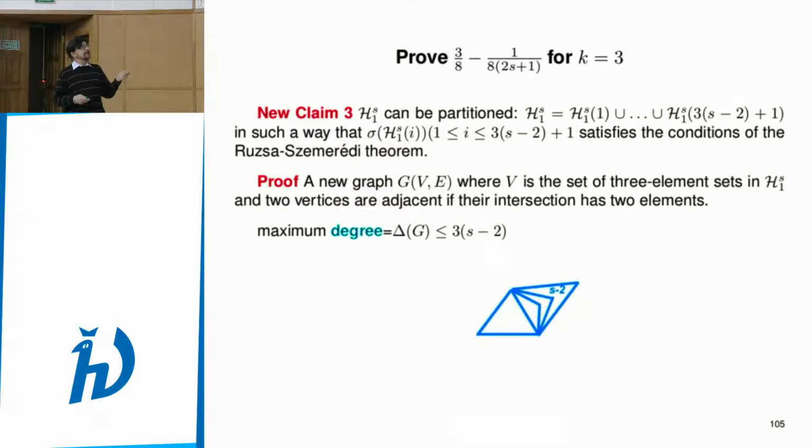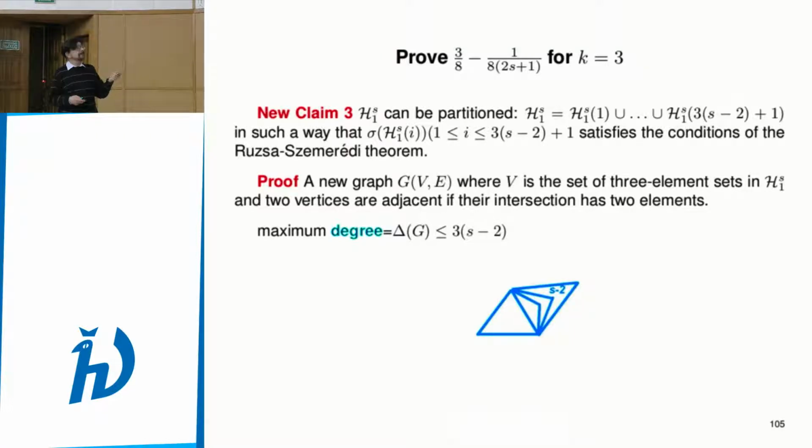Okay, so in this family we suppose that no edge is used s minus 1 times, so if we have s minus 2 such, then we have s minus 1. Okay, so this should be s minus 3.